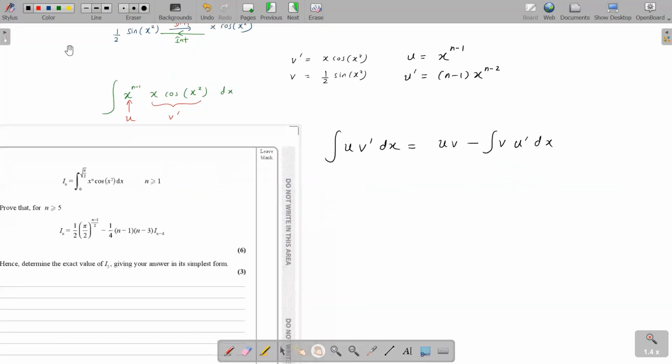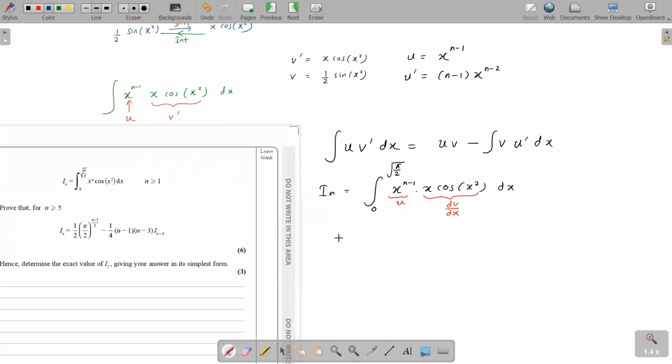Let's input the values now. The limits are 0 to root pi over 2. I just rewrote the whole thing again. Shall we substitute? This is the u, and this is the dv by dx, or the v dash.